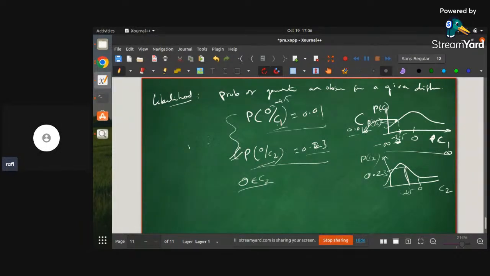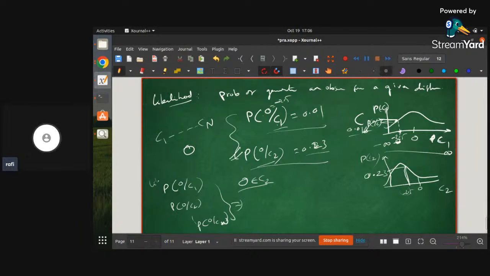So if you know the likelihoods, for example, you have n classes and one given observation. If you know the likelihood of this observation from each and every class, say P of O given C1, P of O given C2, and so on, P of O given Cn, then take the maximum of all these likelihoods.